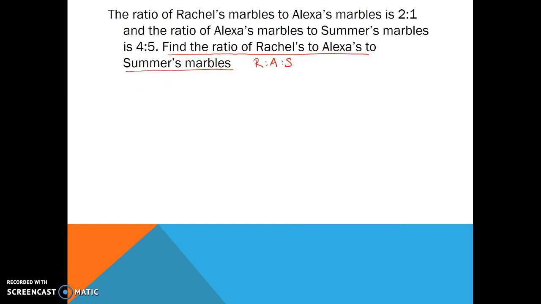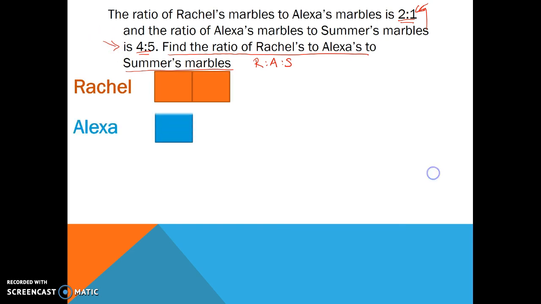But check it out. Up here we've got Rachel's marbles to Alexa's, which is 2 to 1, and then Alexa's marbles to Summer's marbles as 4 to 5. So in this first scenario, Alexa's units are only 1 right here, but in this second scenario, Alexa's units are 4. So that's something we're going to have to deal with. Okay, so let's just start with some bar models.